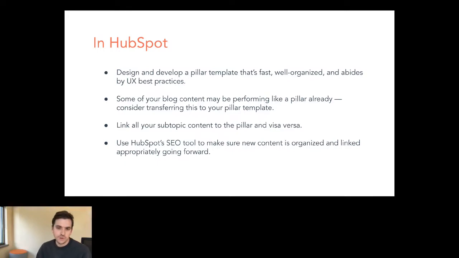Some of your blog content may be performing like a pillar already. I kind of mentioned this. Consider transferring this to your pillar template. So you might find when you do this process that, for example, going back to that kappa topic that I pulled out in some of the images, you might have just one or two blog posts on kappa, and they're acting like pillars because they're garnering a lot of traffic from a lot of different keywords.